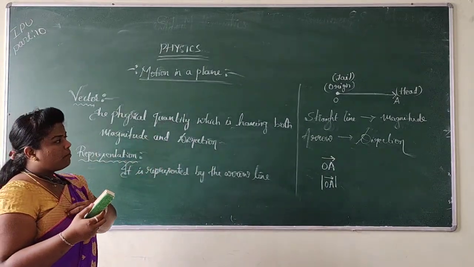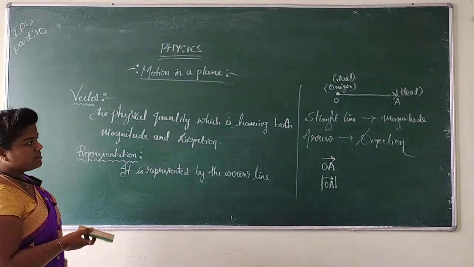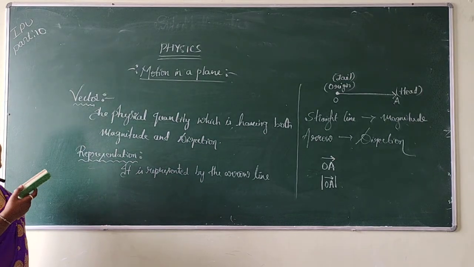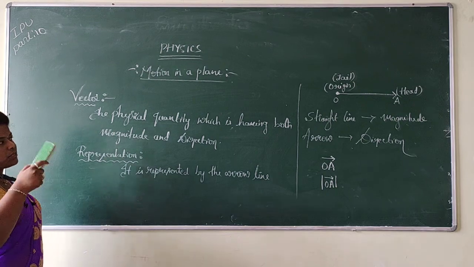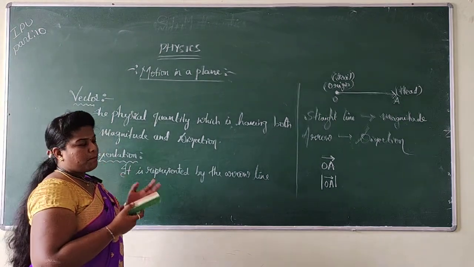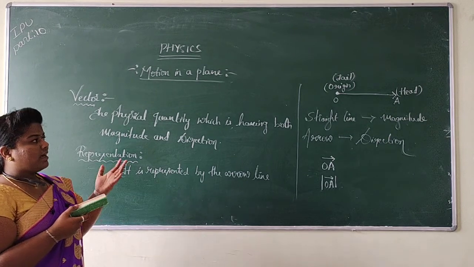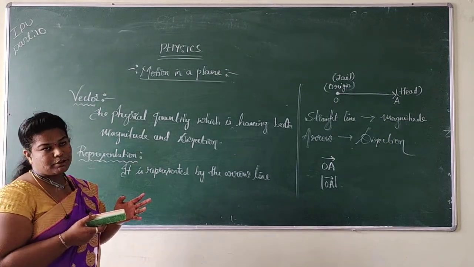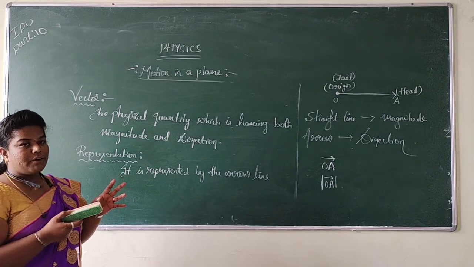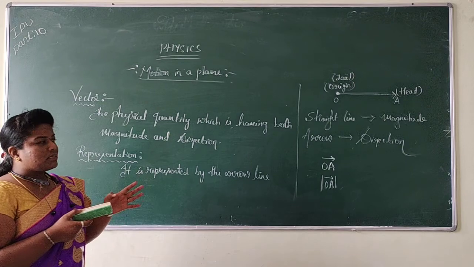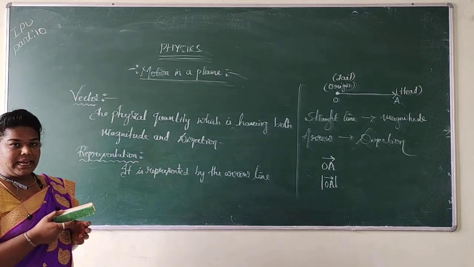So the vector is represented by an arrow mark which has a tail and head. The tail is the point where the object is going to start its journey, and the head is the point where it is going to end. That is for representing the distance. Distance represents magnitude. So a vector quantity has a tail and a head.